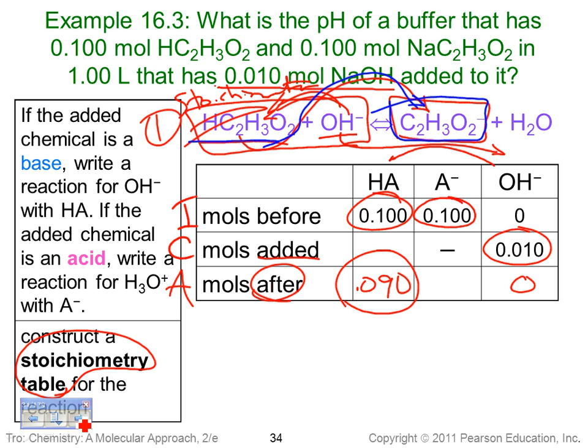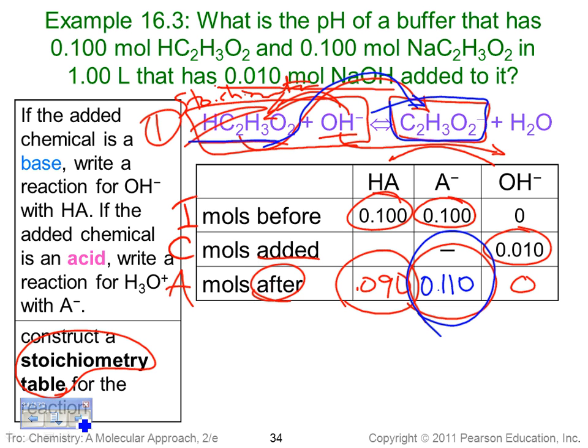So that means there's going to be more of this than there was before. How much more? 0.01 moles more. So if it was 0.100, how much is it now? 0.11. And again, keeping track of significant figures, it's 0.110.